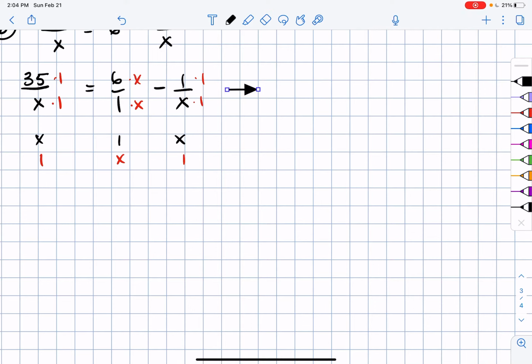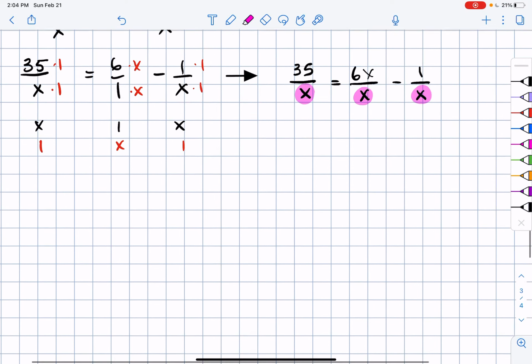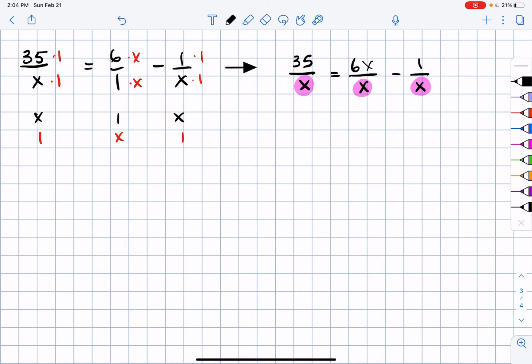Then I have 35 over x is equal to 6x over x minus 1 over x. All right. So again, my denominator is all the same. Right? Perfect. So that means I can write the equation 35 is equal to 6x minus 1.